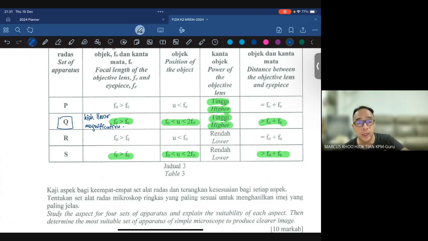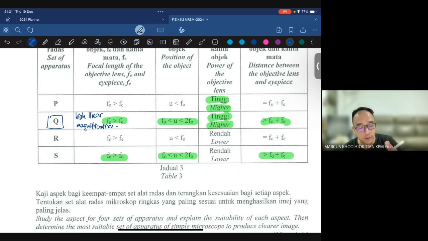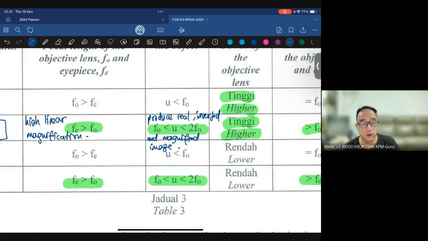The distance of the object is so that you can produce a real, inverted and magnified image.